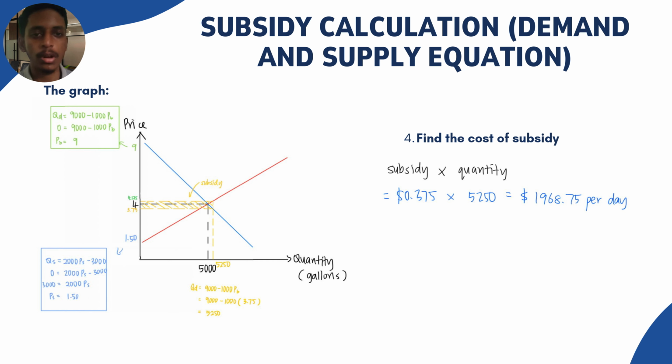The total cost equals the amount of subsidy multiplied by the new quantity. 0.375 times 5,250 gives us a final total cost of 1968.75 per day. So the subsidy successfully lowered the price for buyers and increased the quantity sold, but it comes at a daily cost of nearly $2,000 to the government.